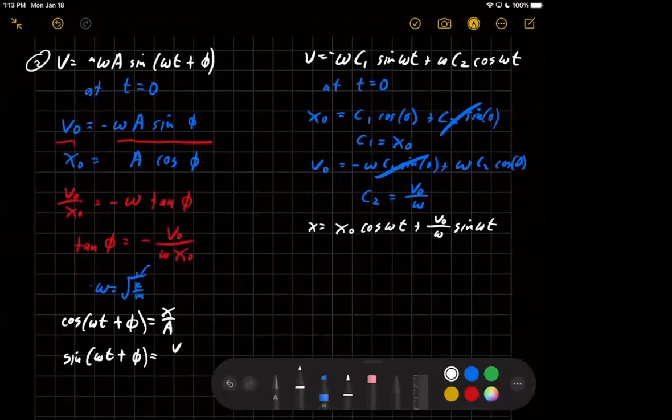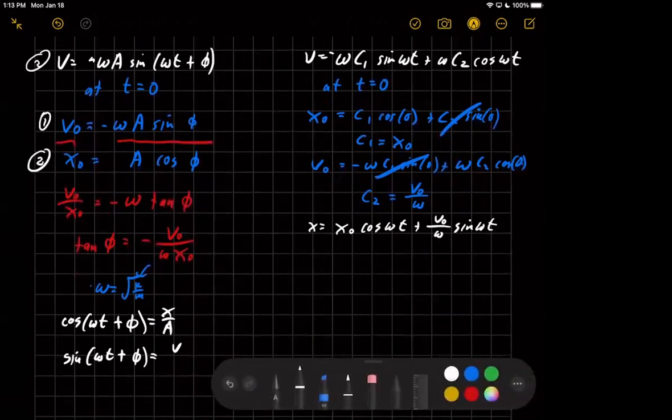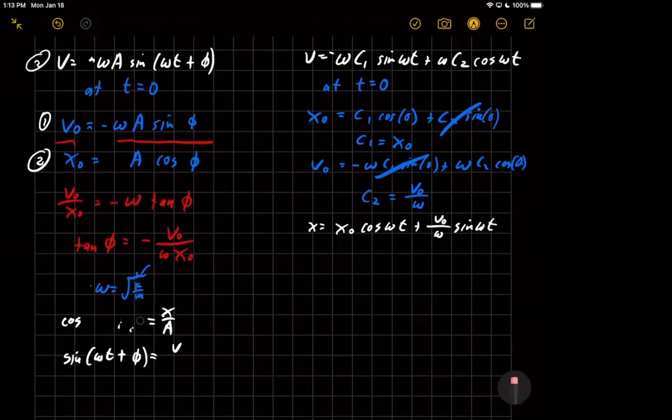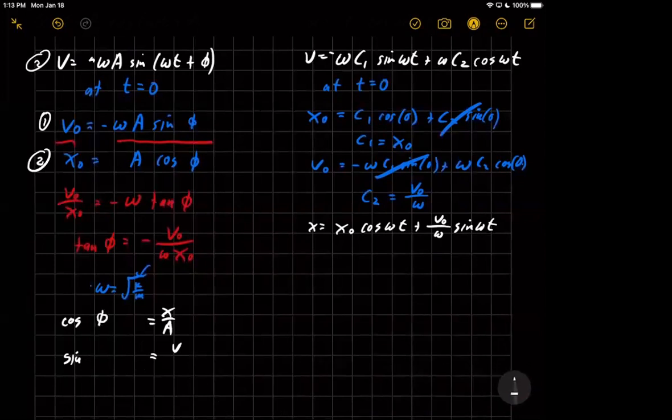Let's go back one step, to what I have here, 1 and 2. So I can just have cosine of phi and sine of phi. So cosine of phi would be equal to x naught over A. And sine of phi would equal, let's see what that would come out to be, v naught over negative omega A.